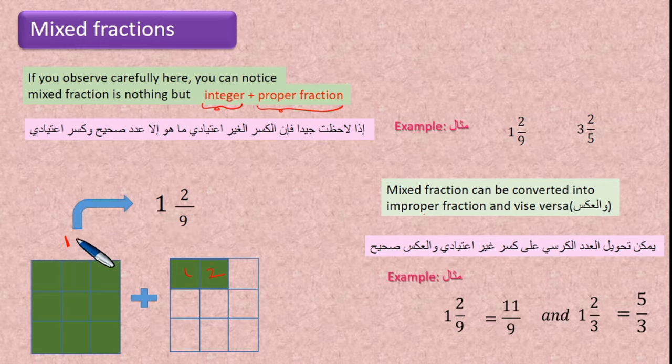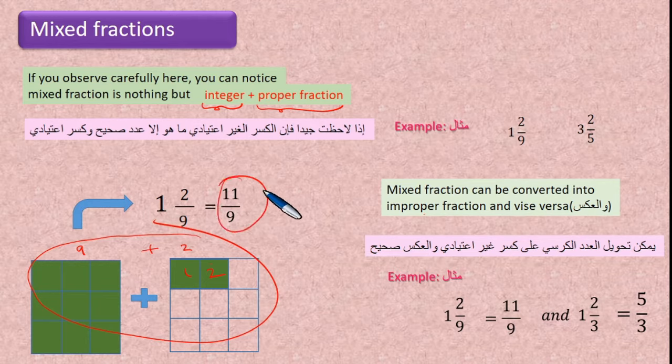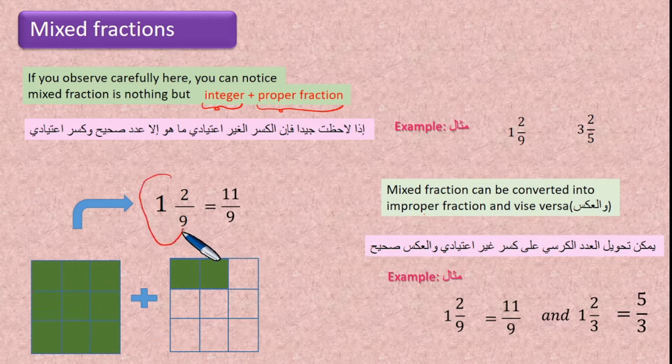The same thing, you can write it as 11 over 9. These are the 9 pieces plus 2 pieces. 9 plus 2, 11. So 11 over 9. Both are same. You can write either 1 and 2 over 9 or 11 over 9. This is called the mixed fraction, and this is the improper fraction.